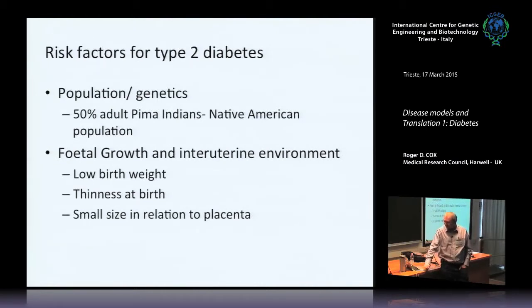A classic example of a high-risk population are Native Americans, and the Pima Indians in particular have a 50% rate of diabetes. Other risk factors for diabetes are fetal growth and intrauterine environment. So low birth weight is associated with diabetes in later life, thinness at birth, small size in relation to the placenta. So intrauterine conditions are important in diabetes.